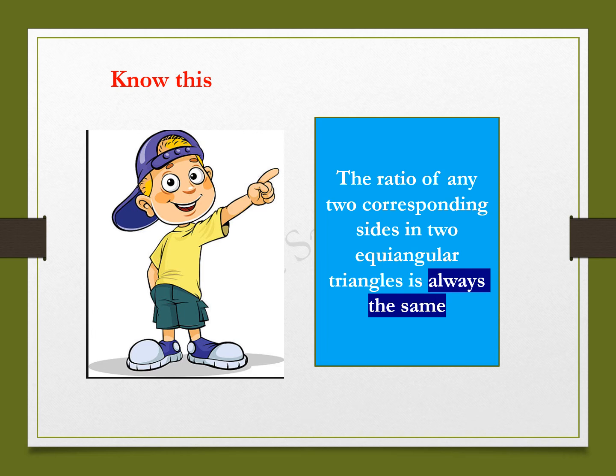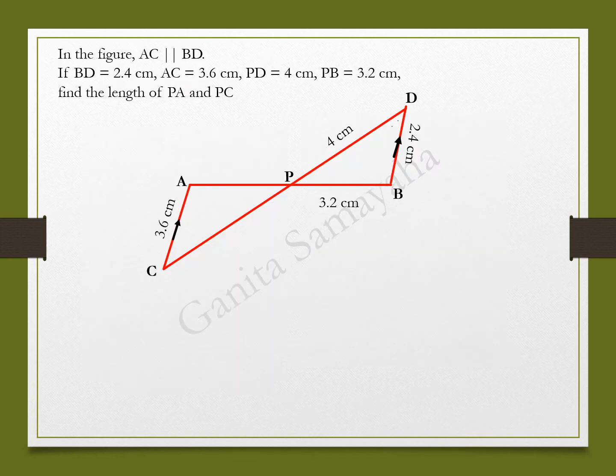So we use this concept to work out a few problems. Shall we do that, children? Yes. Okay, here we have got a figure in which we have AC parallel to BD and the measurements of a few sides is given. You are asked to find the length of PA and PC.